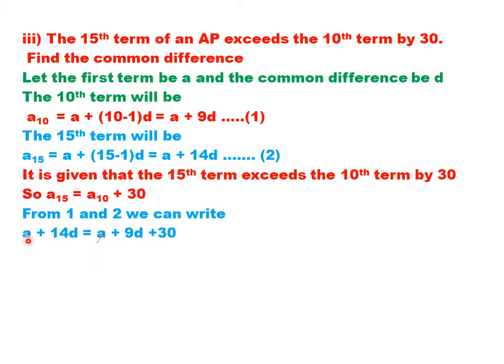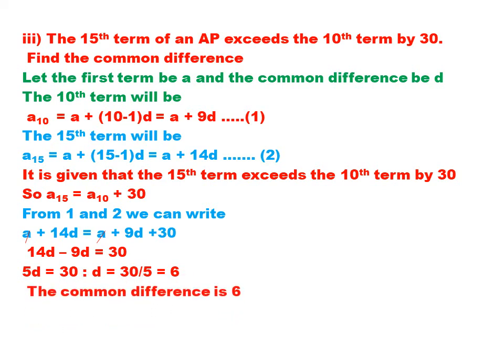So here this A and this A get cancelled. So 14D equals 9D plus 30, or 14D minus 9D equals 30, that is 5D. So 5D equals 30, or D equals 30 by 5, which is equal to 6. So the common difference is 6. That is, if the 15th term of an AP exceeds the 10th term by 30, then the common difference will be 6.